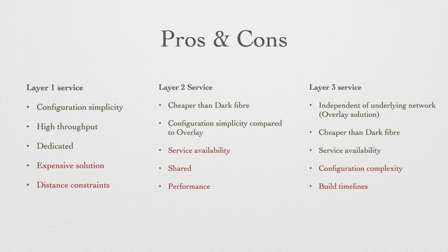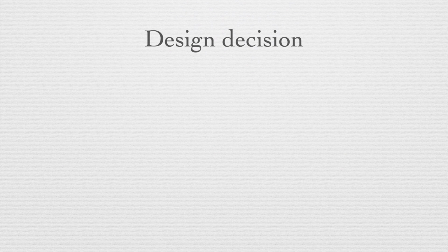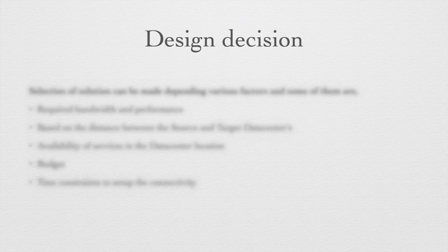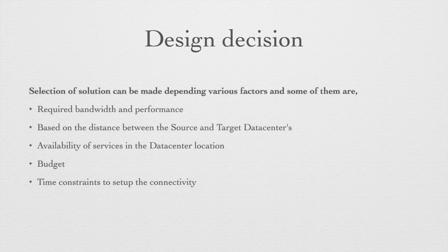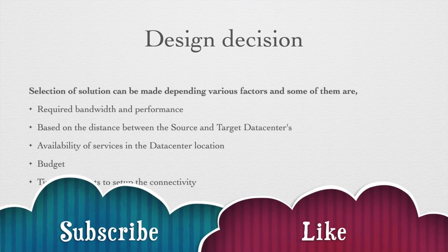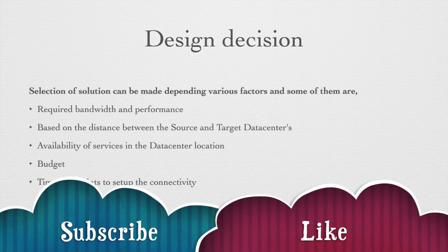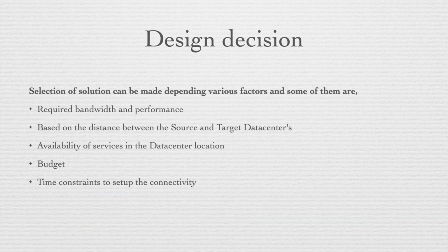As I said in the previous session, migration scenarios and requirements are always unique in nature. We may have to create a solution and make design choices based on those specific requirements and constraints. Let's look at a few design decisions for understanding purposes on the options we discussed till now. Let's say, for example, we need to establish the layer 2 extension between two DCs, which are 100 kilometers apart from each other.